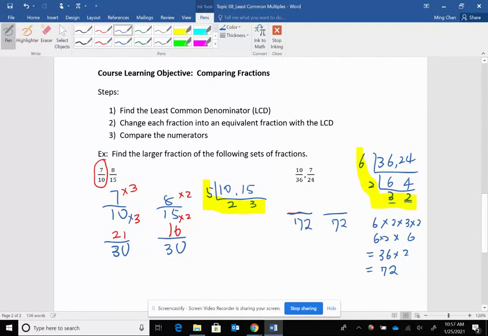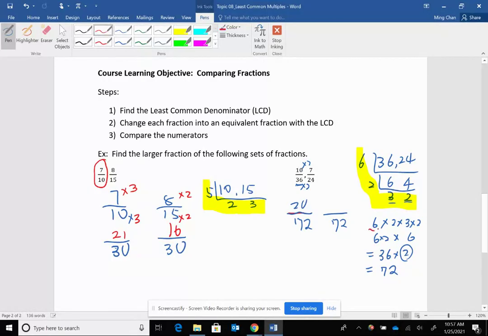Let me show you a trick. You see that 36 right here and the 36 right here? 36 will go into 72 how many times? 36 goes into 72 2 times. So the numerator is multiplied by 2, that will be 20. Now 24.